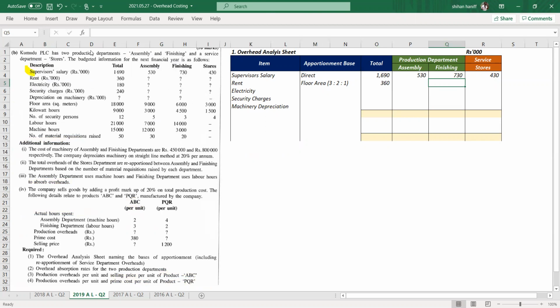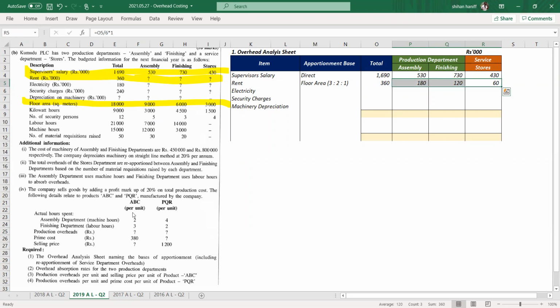First we did supervisor salary, then the rent, by floor area. Divide by 6 into 3, and divide by 6 into 1.